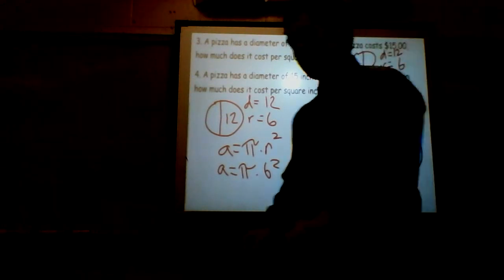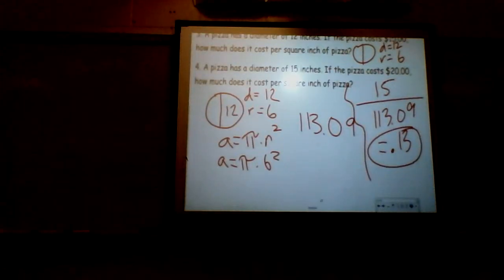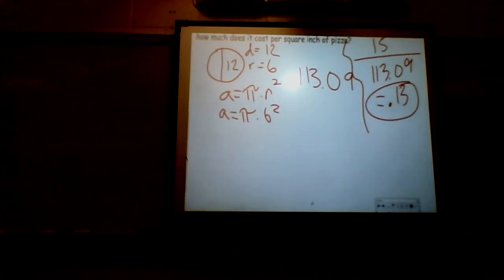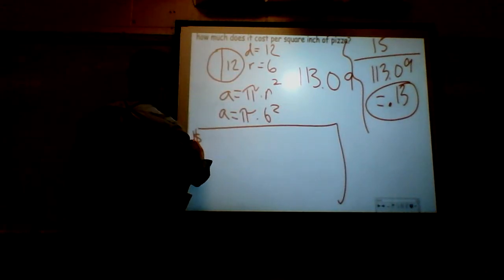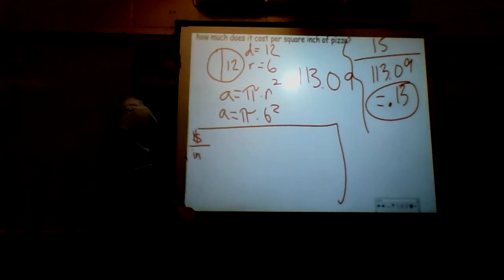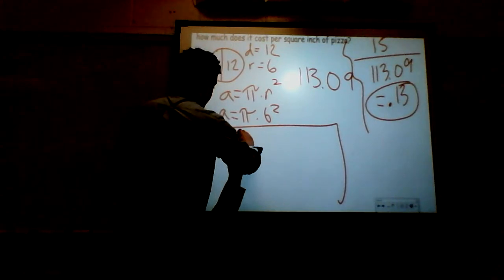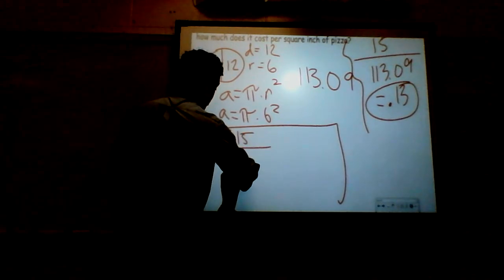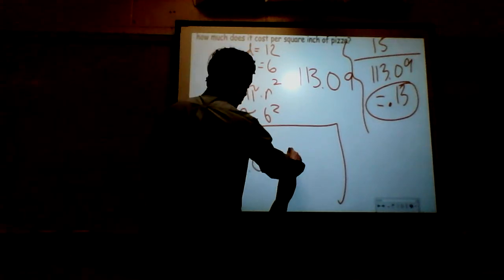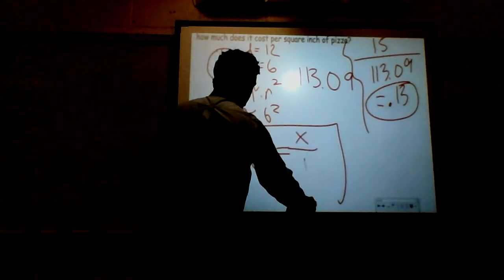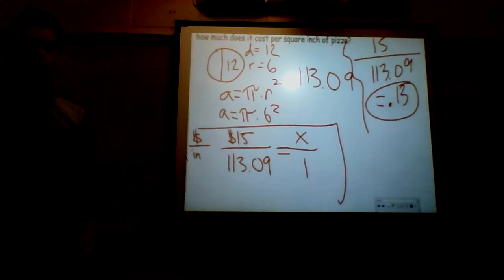Or, what do you know, when we think about this, I'm really going to blow your mind now. If we know that we're talking about the cost, the inches, if it costs $15 for 113.09, and we want to know how much it costs for 1 inch, it's almost like a unit rate problem.